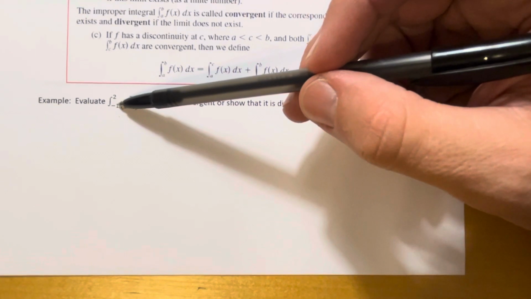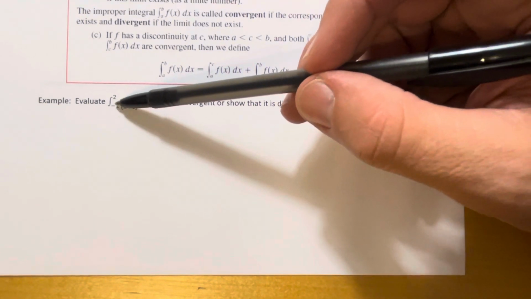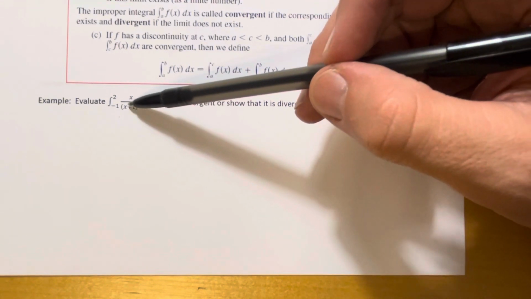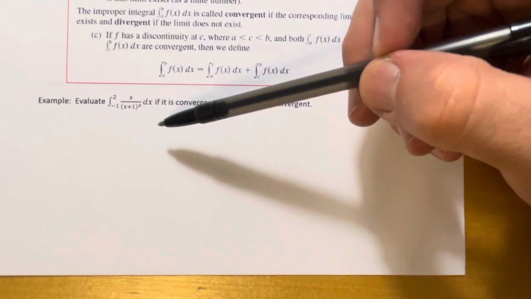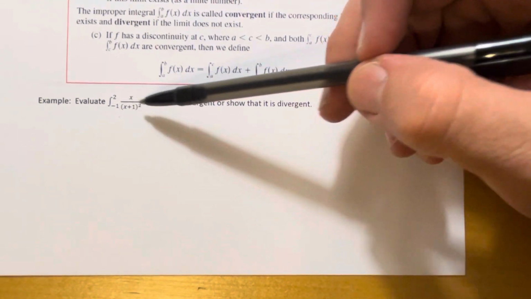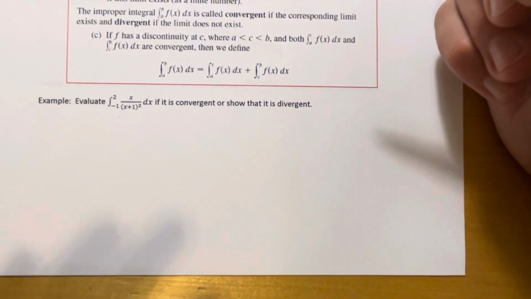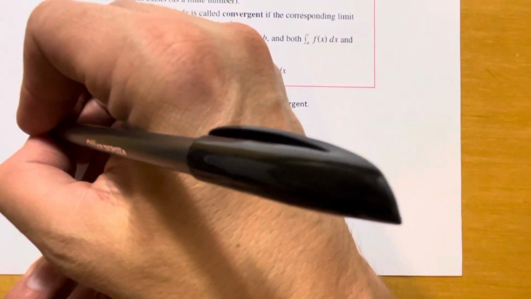The issue here is that my lower limit of integration, -1, if I were to plug that into my integrand, I would have a 0 in the denominator here. So that tells me that this function has an infinite discontinuity when x is equal to -1. That means I have to handle that this way.